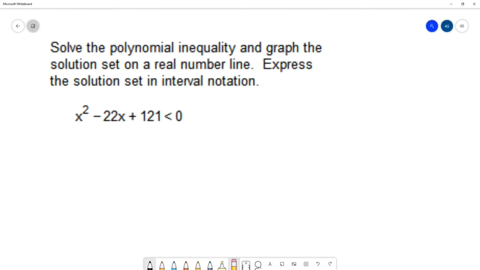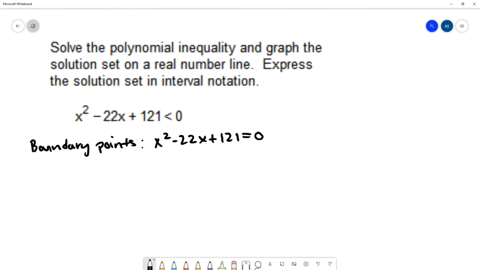With polynomial inequalities, we want to start off by finding the boundary points. And that means solving the equation x squared minus 22x plus 121 equals 0.